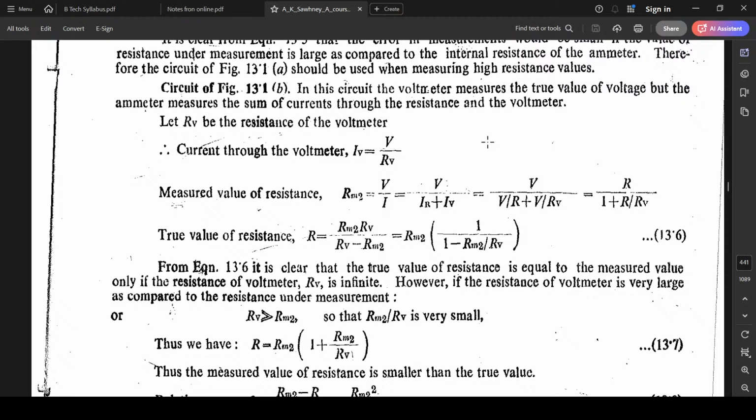Why is it like this here? Let's see. V by R plus V by RV.